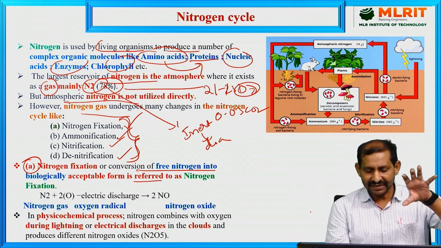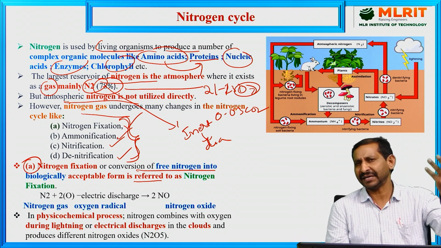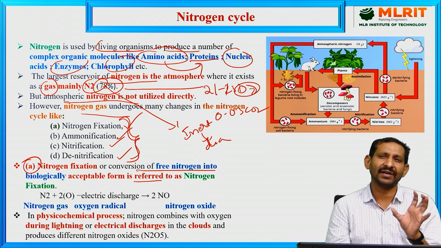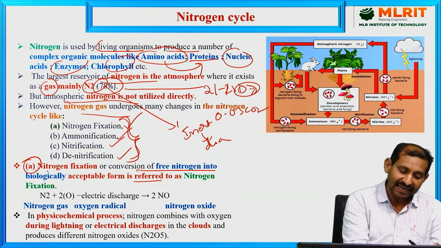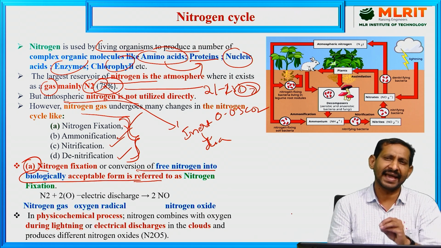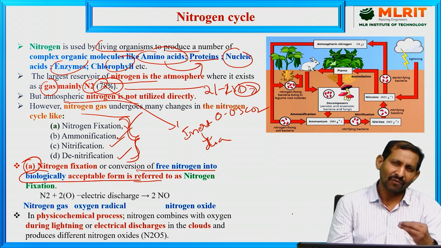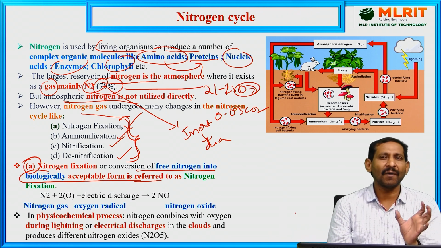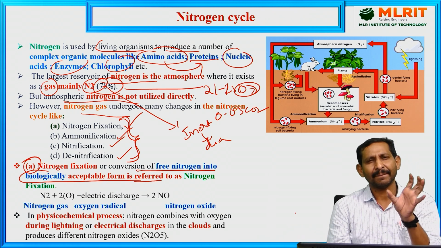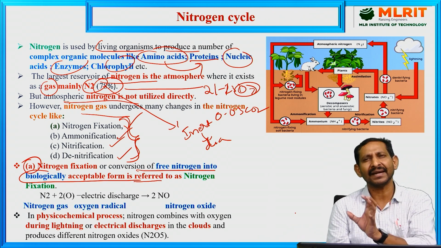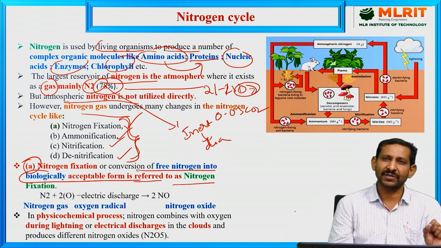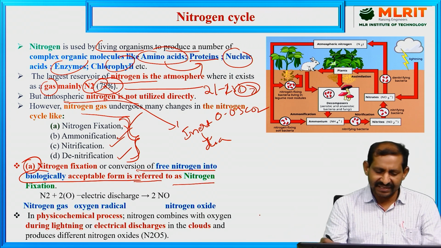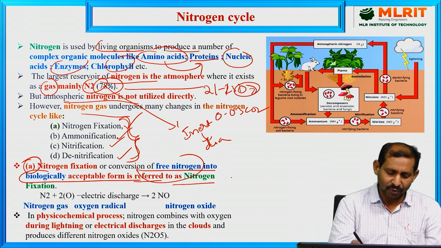The free nitrogen available in the atmosphere, nearly 78%, is converted into a biologically acceptable form, meaning a form that plants or animals can take in and use. This conversion process is called nitrogen fixation. This process takes place in 2 ways.